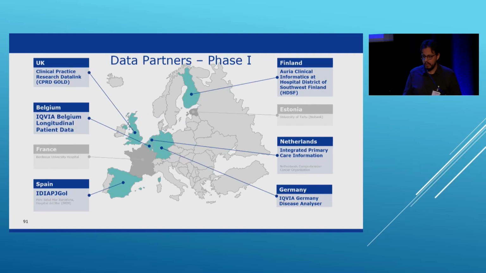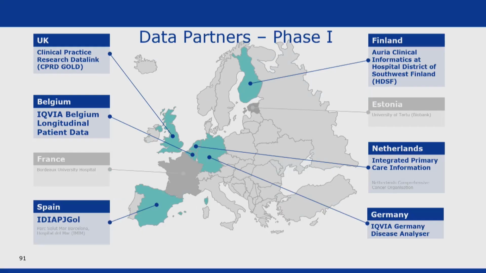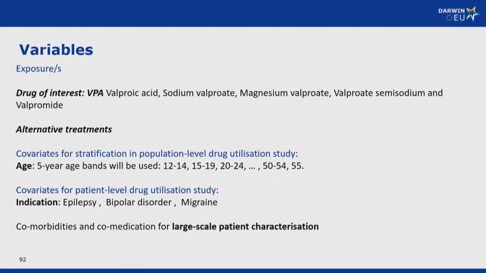So for this study, we had 6 data partners, that you can see here from the UK, Belgium, Spain, Finland, the Netherlands, and Germany. And basically, our drug of interest was valproic acid and all substances containing valproic acid.